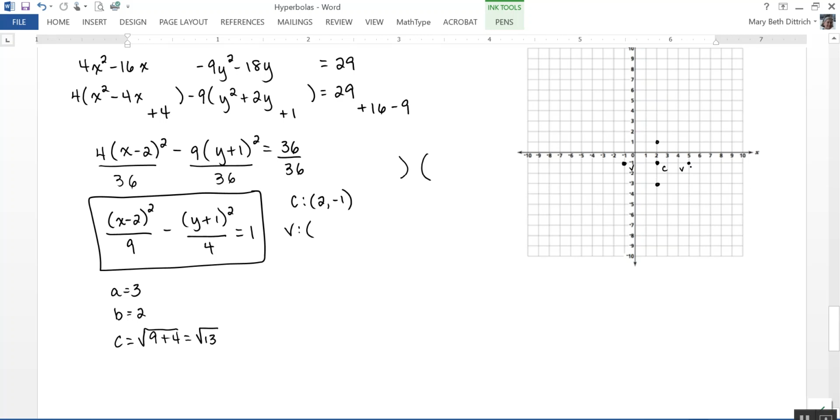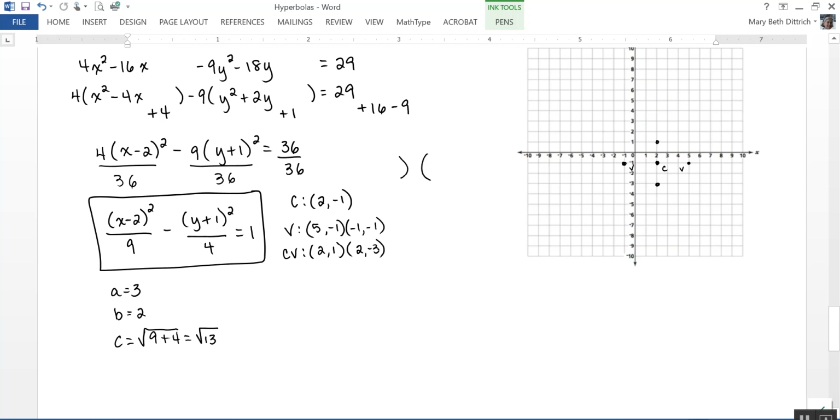So I'm going to have vertices at 5, -1, and -1, -1, co-vertices at 2, 1, and 2, -3.